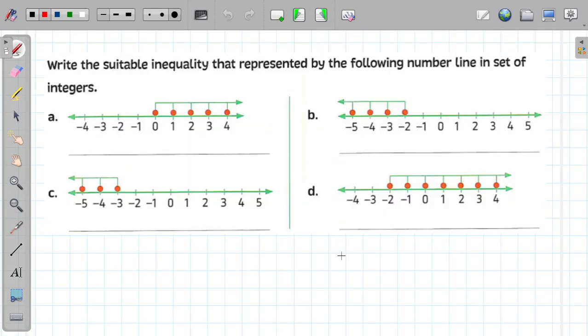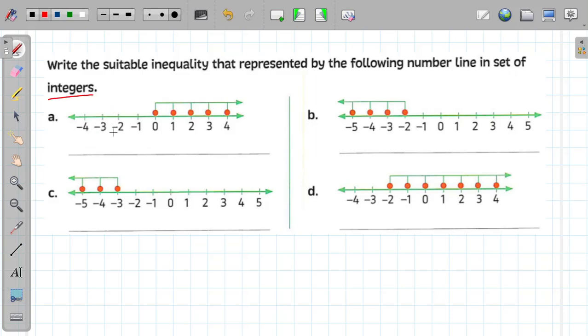Okay, next I have the number line and the solutions for the inequality, and I want the original inequality. Okay, so he says here, write the suitable inequality that's represented by the following number line in the set of integers.